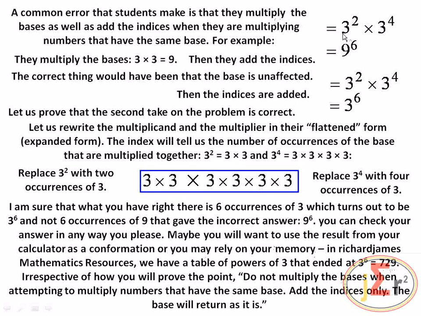Maybe you want to say 3 squared is 9, and 3 to the power of 4 is 81. 9 multiplied by 81 is 729, which is 3 to the power of 6. You may dabble a bit in any way you please with these digits in order to satisfy yourself that 3 to the power of 6, which is equal to 729, is the correct answer, because it really is.